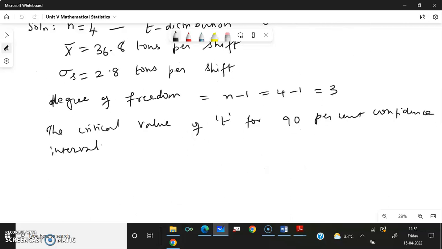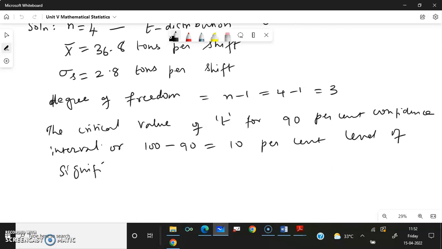A 90% confidence interval is the same as 100 minus 90, that is 10% level of significance. 10% is nothing but 10 upon 100, that is 0.10. So we have to see the 0.10 level of significance.